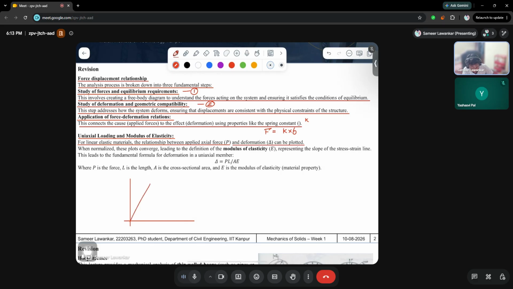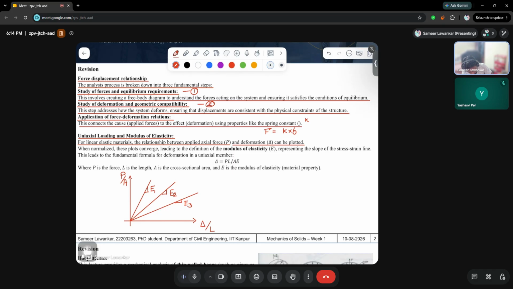If I plot the linear system, these are three different materials having three different values of modulus of elasticity. We can write this axis as P and this as delta. If we write P upon A and delta upon L, we get the slope as nothing but capital E. So this can be E1, E2, and E3.